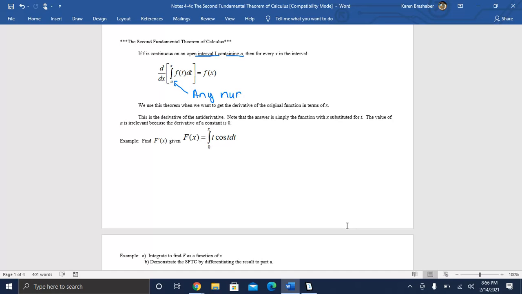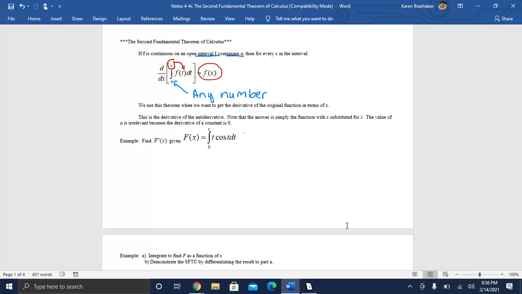And as long as it is a number in that interval, then when you do the derivative of the definite integral, all that would have to be done is substituting the x value into the function so that you get f of x. So you don't have to do any kind of a power rule.